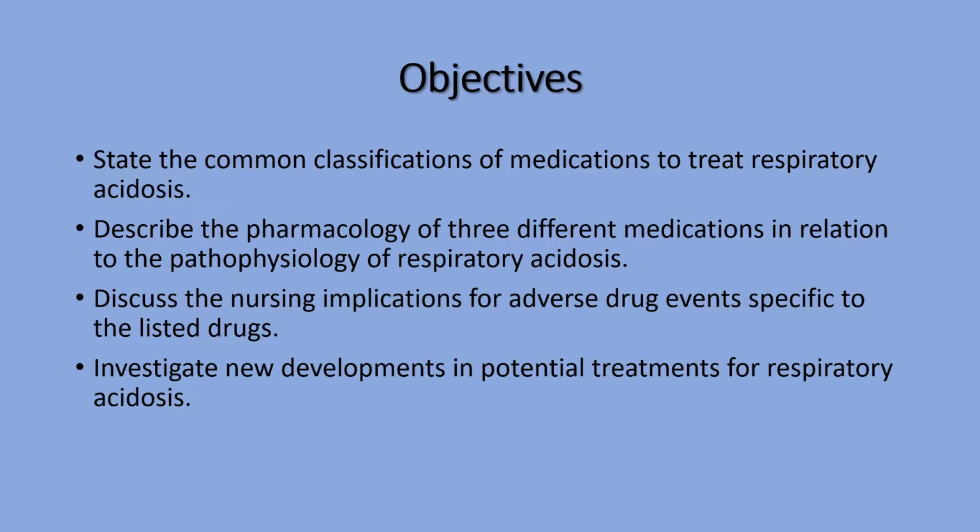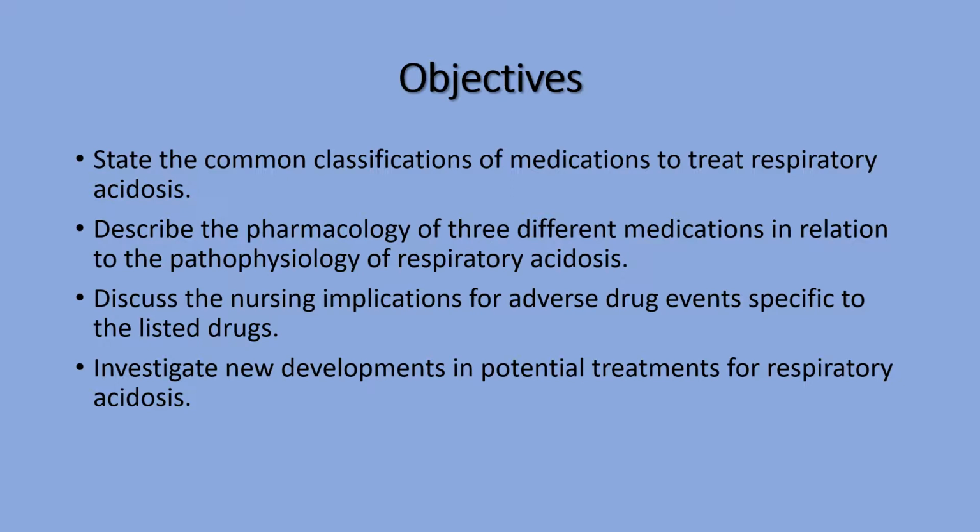The objectives are as follows. At the end of this presentation, learners will be able to state the common classifications for medications to treat respiratory acidosis. You'll be able to describe the pharmacology of 3 different types of medications in relation to the pathophysiology of respiratory acidosis.